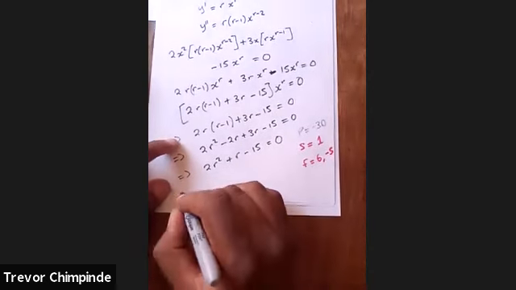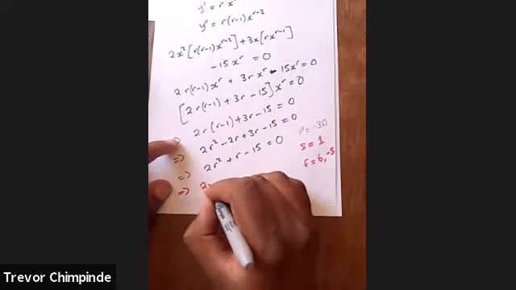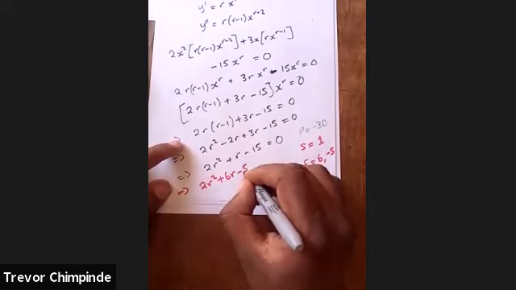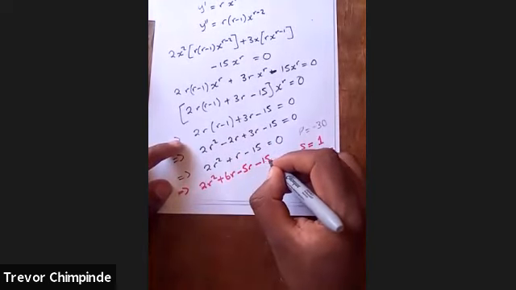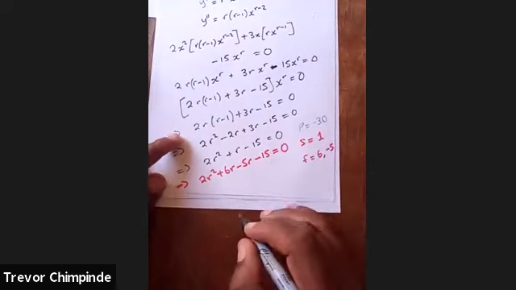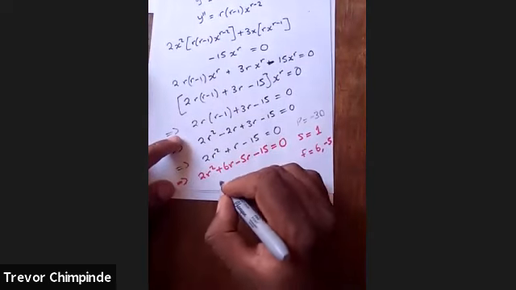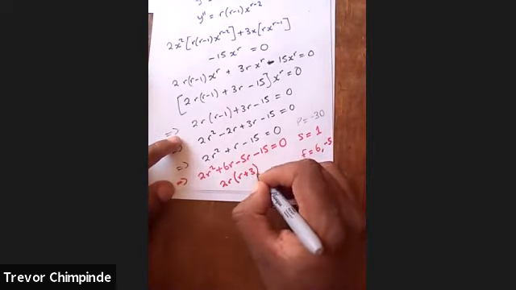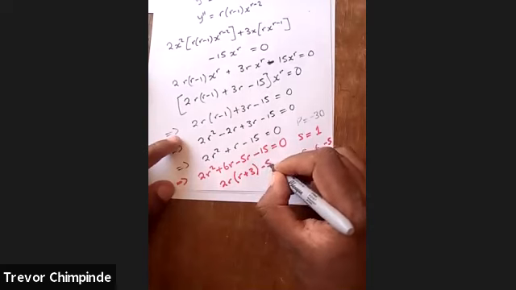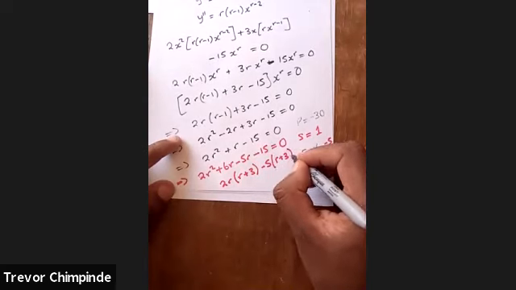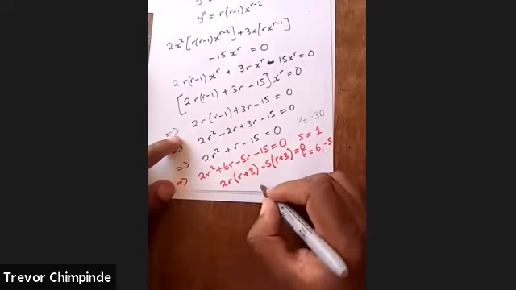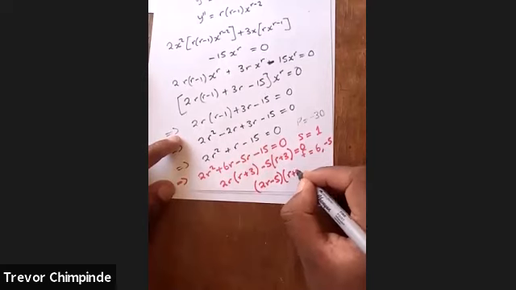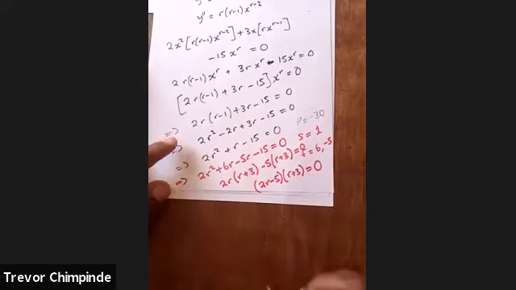So this becomes 2r squared plus 6r minus 5r minus 15 is equal to 0. I factorize the first part, I get 2r, remaining with r plus 3, then minus 5 times r plus 3 is equal to 0, so that I get (2r minus 5)(r plus 3) is equal to 0.